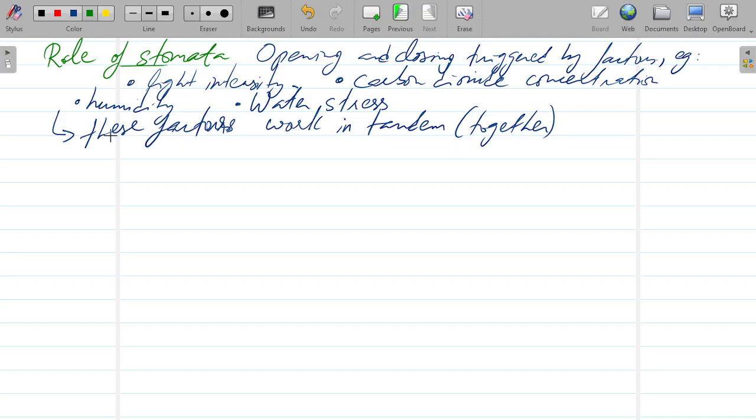Okay, then finally, I believe for today is translocation. By definition, translocation is the movement of sucrose and amino acids in the phloem.